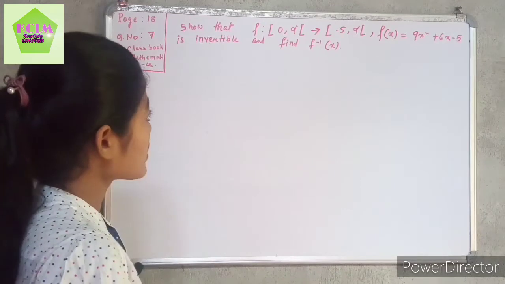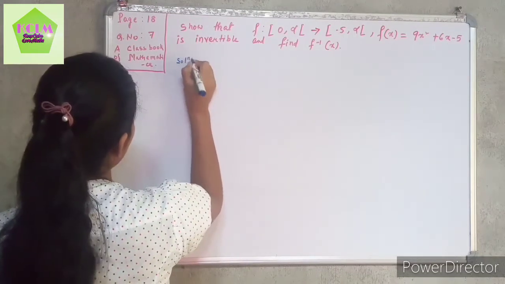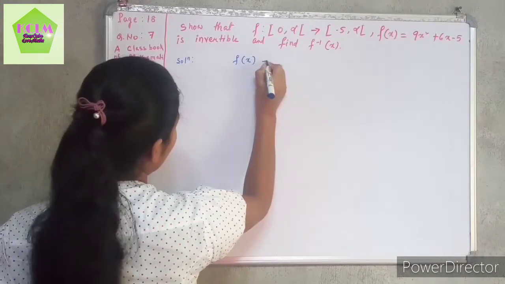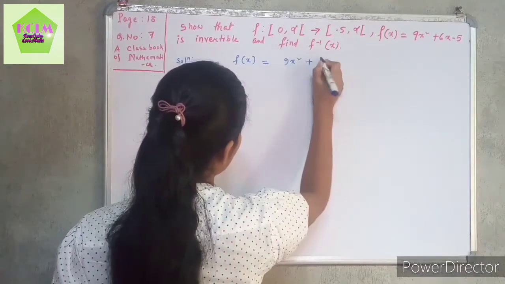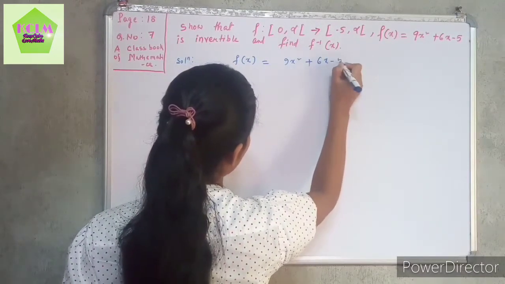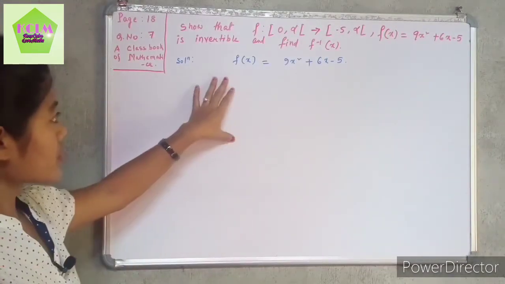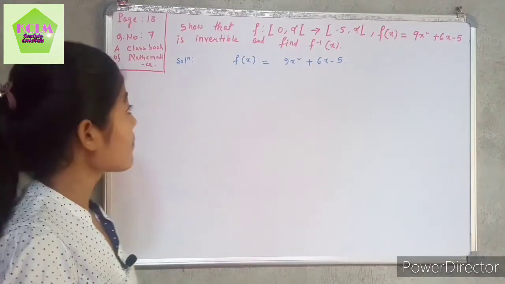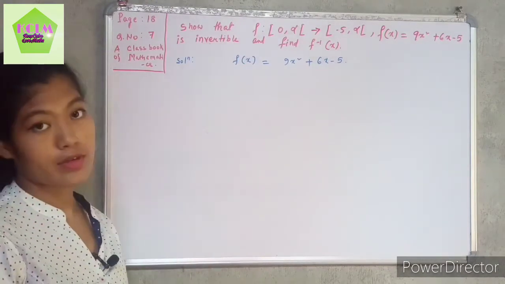So here the function is given as f of x equal 9x square plus 6x minus 5. This is the function we are given here. First of all, we need to check whether this function is invertible or not.